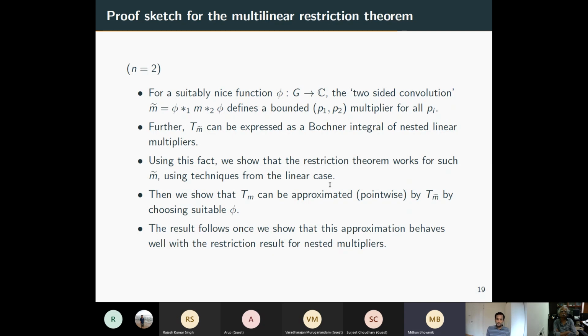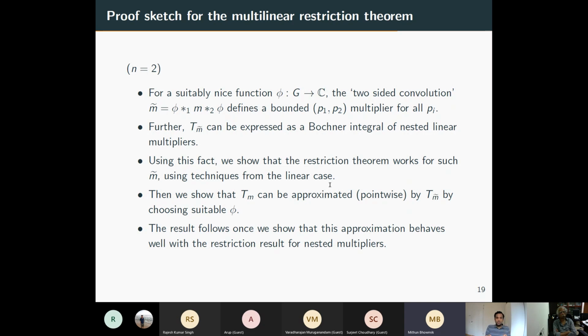by the fact that, here's how this works in the n equals 2 case. If you take a function and you convolve it from the left and you convolve it from the right by some function, you can show that this two-sided convolution, provided the function you're convolving with is suitably nice, so if it comes from the Fourier algebra corresponding to this group, for instance, this convolution again defines a bounded P1, P2 multiplier for all range values of pi.